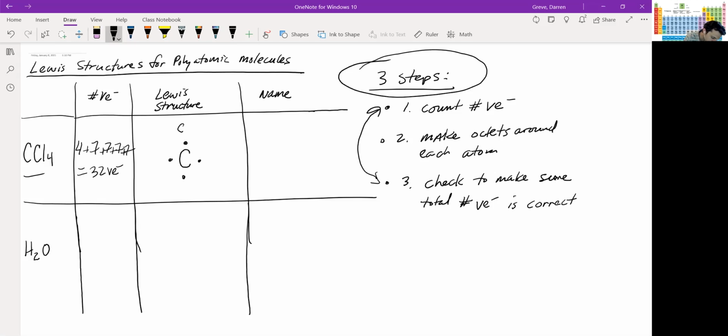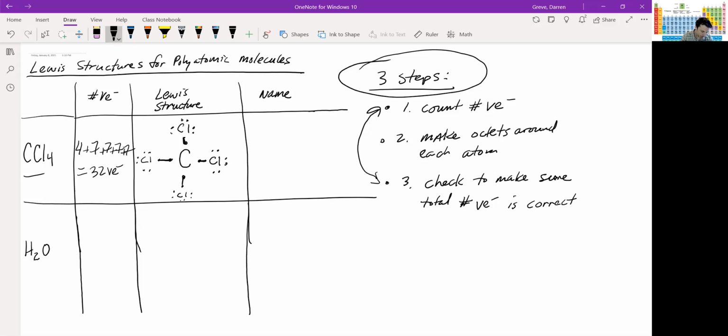And then chlorine, with its 7 valence electrons, is going to make a single bond right here with each one of those lone electrons around carbon. So a bond, and we cannot forget about our lone electron pairs.